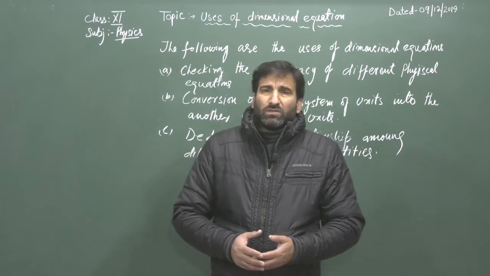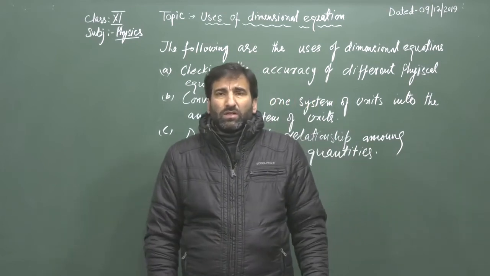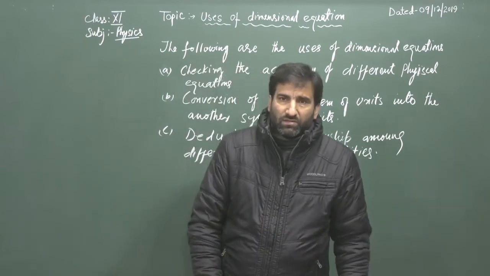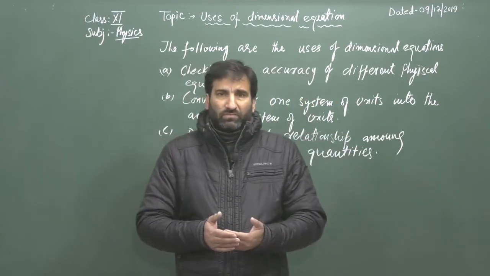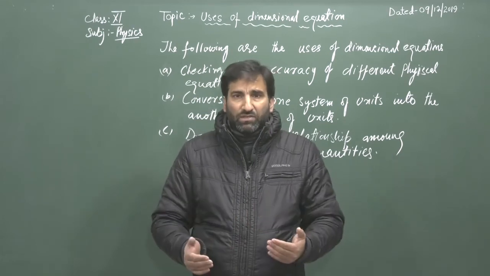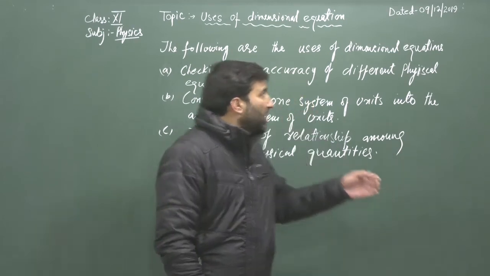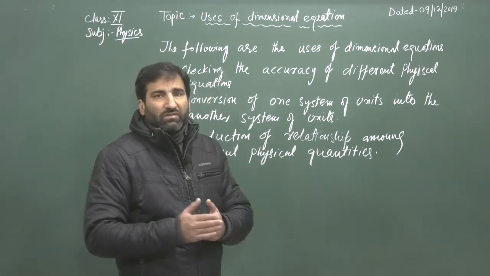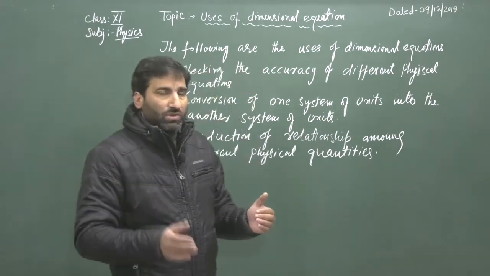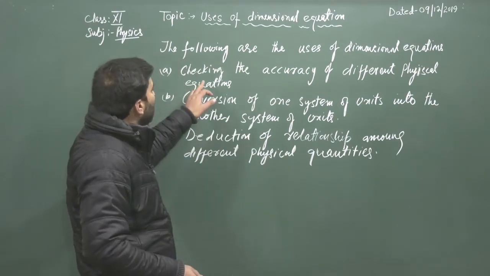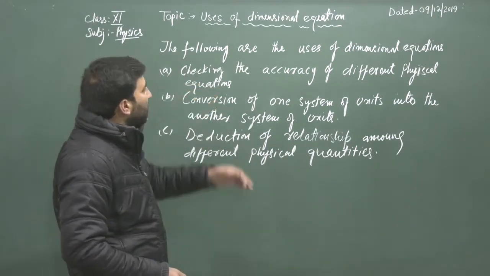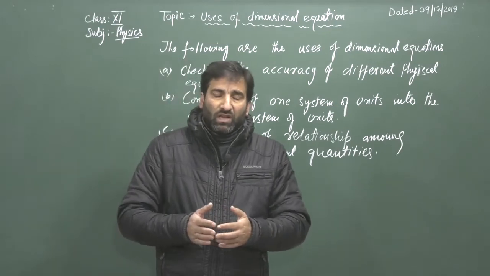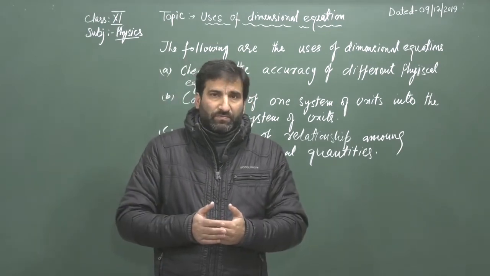Now today we will discuss the uses of these dimensional equations, where we use them and what their applications are. The following are the uses of dimensional equations. First, we can use a dimensional equation to check the accuracy of different physical equations or relations.